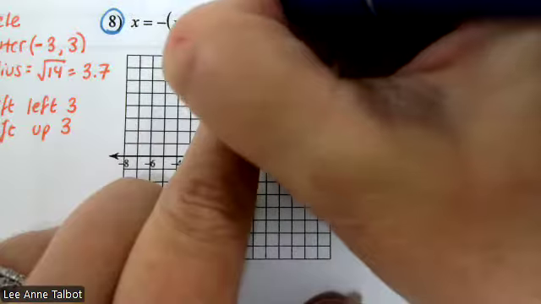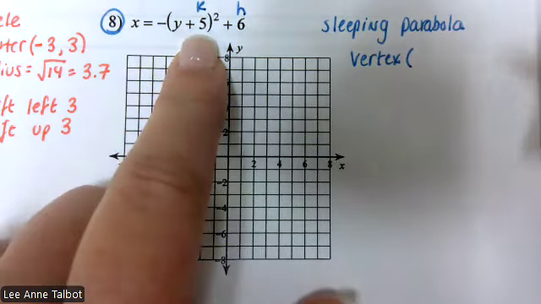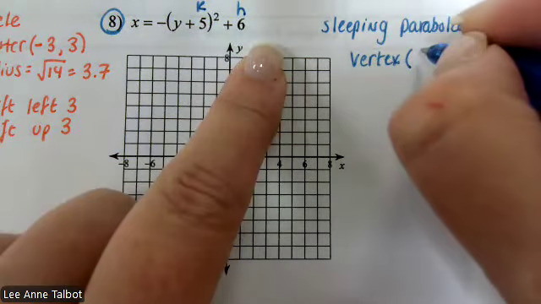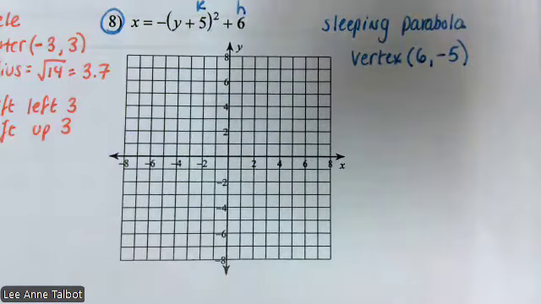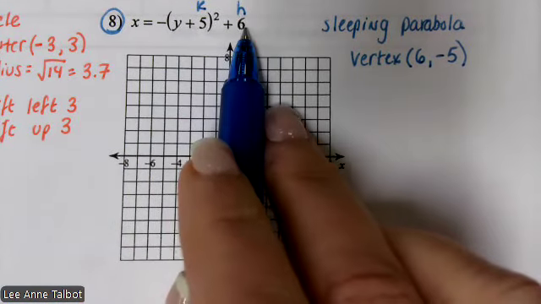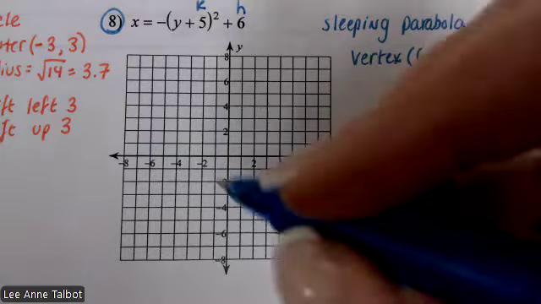This is H and this is K. So the vertex is 6, comma, -5. So don't switch the sign because it's outside, switch the sign because it's inside.